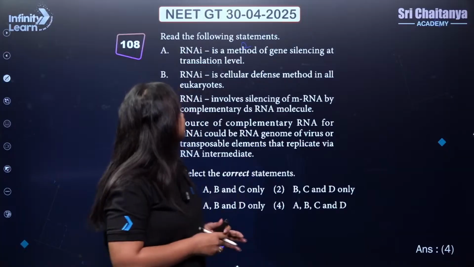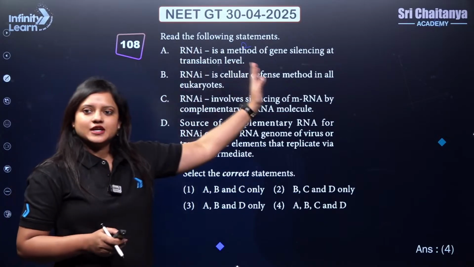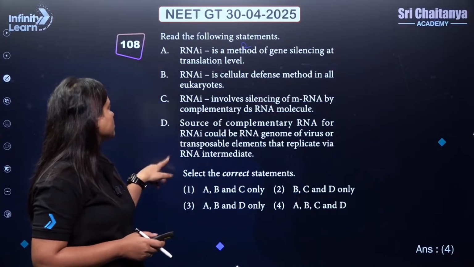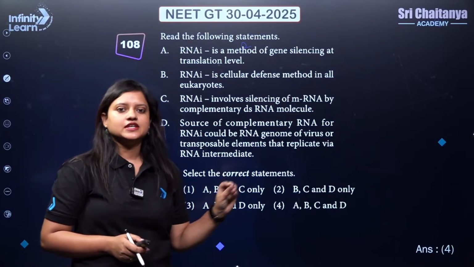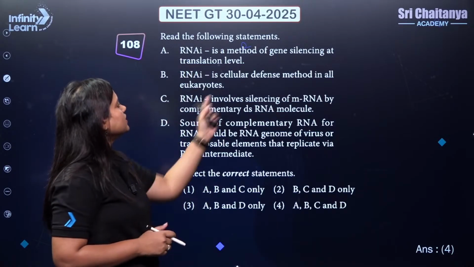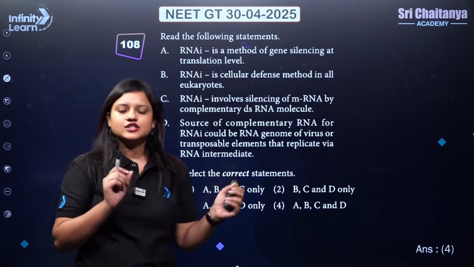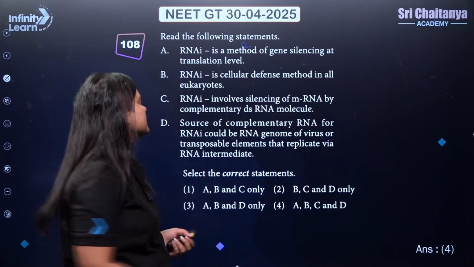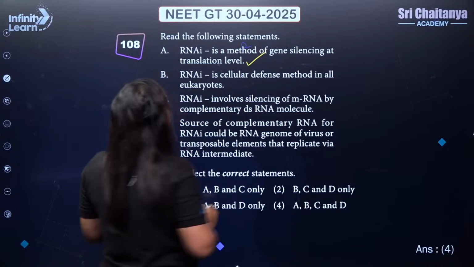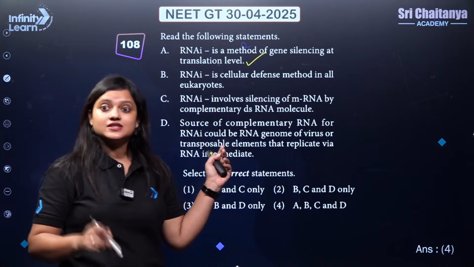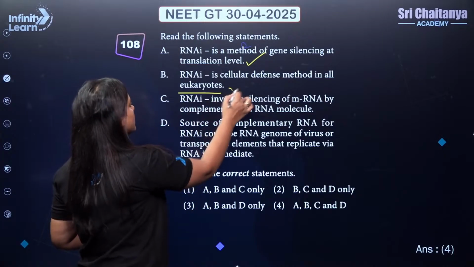Let's discuss it. Read the following statement. This is a question from RNA interference. We need to read all the statements and find out the correct statements. RNA interference is a method of gene silencing at the translational level. Yes. When we say RNA interference, definitely RNA is silenced. RNA interference is a cellular defense method in all the eukaryotes. Definitely it is seen in eukaryotes.